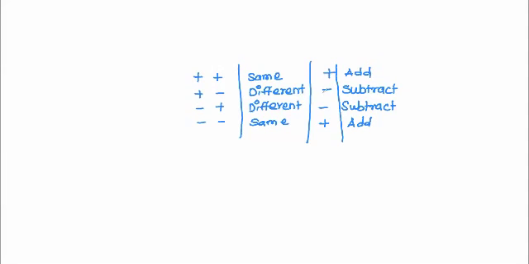So let's give some examples. Plus 5 minus minus 3. Now here what we are doing is minus minus, successive signs, resultant sign, minus minus same, resultant sign is plus. So it becomes plus 5 plus 3. Now here plus plus same means operation is add. So 5 plus 3 is 8, and the answer gets sign of greater number, which is 5 here.